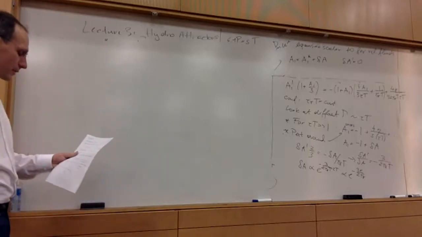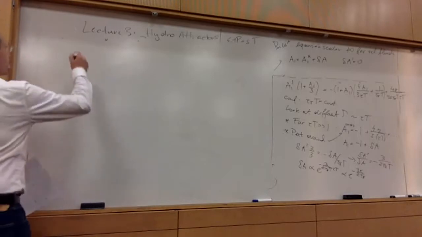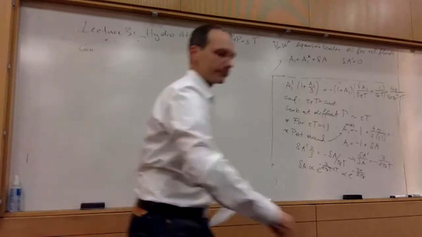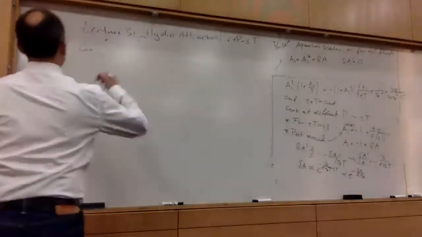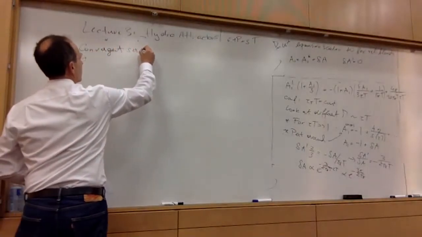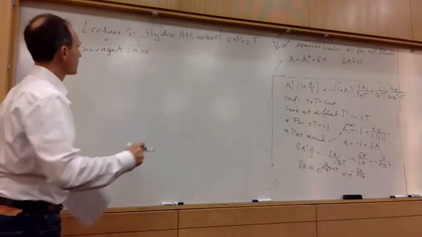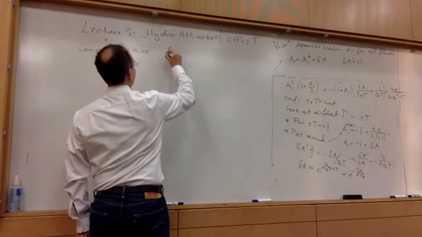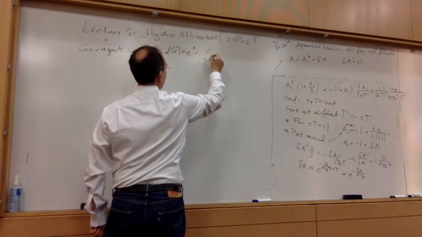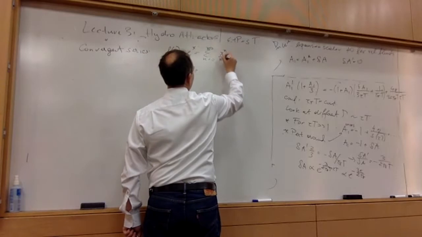Okay? So let me start by saying something about a convergent series. What is a convergent series? A convergent series is, for instance, the series f of x equals e to the x, which I can write as the sum from n is 0 to infinity of x to the n over n factorial.